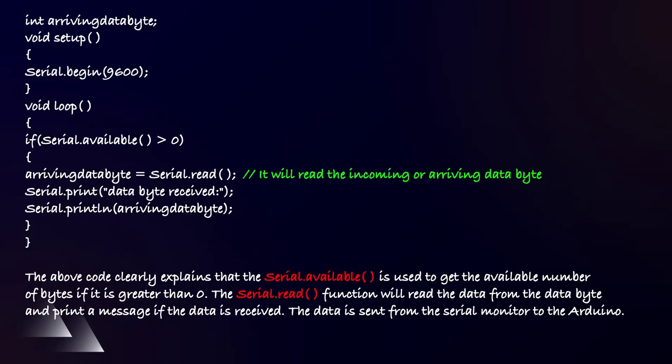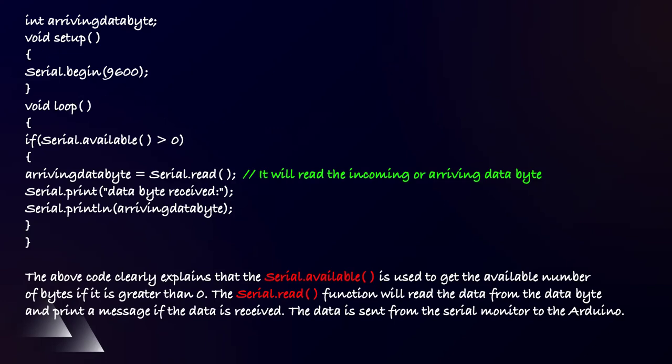Then in the loop function, we have written if Serial.available() greater than 0. That is the condition: if a value greater than 0 is available, then arrivingDataByte equals Serial.read().